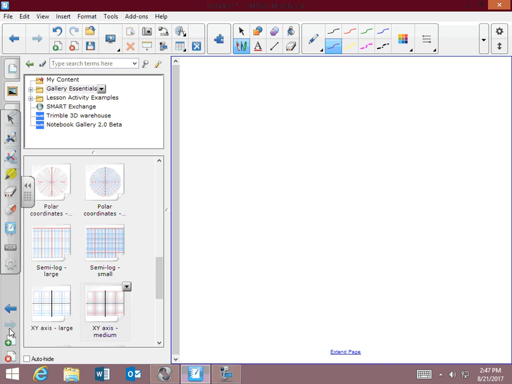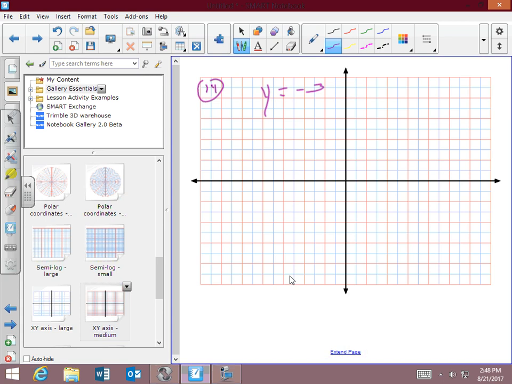If I give a problem like this, I will say y is -3. That kind of a problem, 14, I would say y equals -3. Line through all points with the abscissa 3. So what's going to be that line?